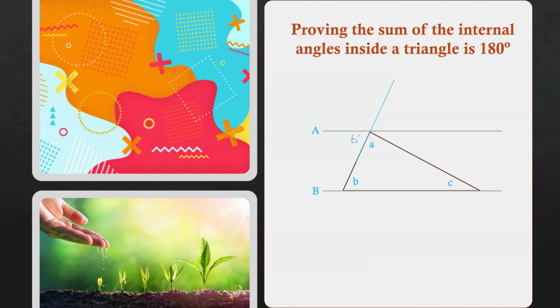All right, so now we can see the parallel lines A and B. And then you have another line, the side on the left-hand side of the triangle, and I will call it C.